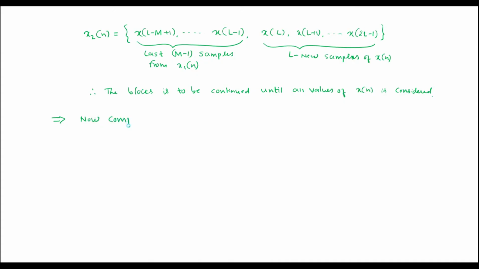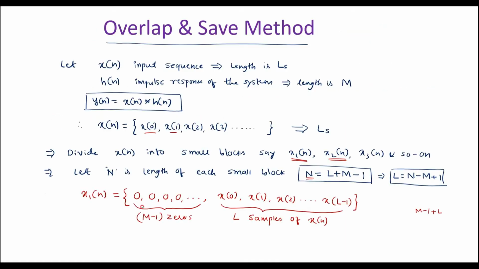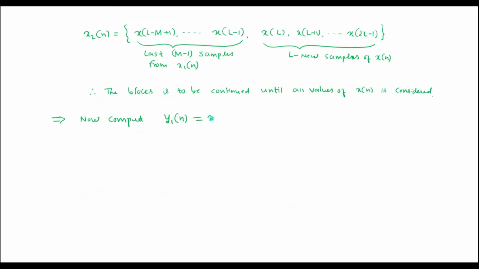Now compute y1 of n, which is nothing but the circular convolution between x1 of n and h of n. Similarly, perform the circular convolution between the second block, that is x2 of n, and h of n, and this process is to be continued.